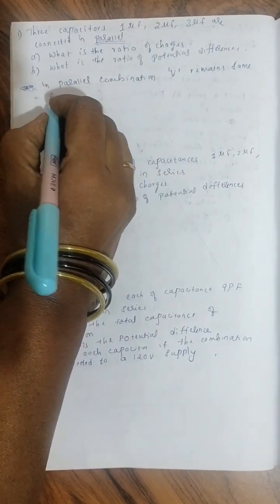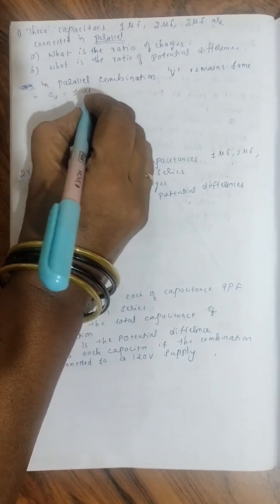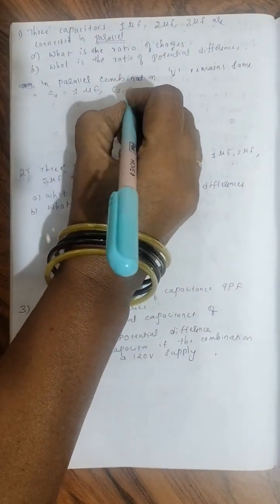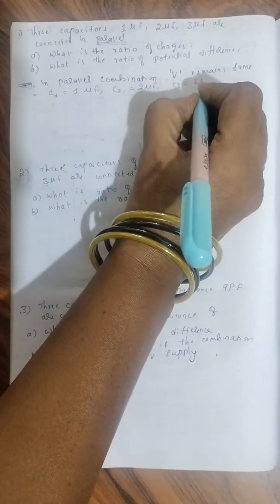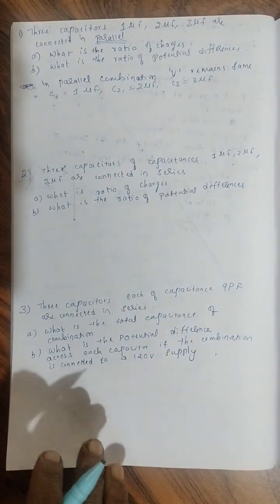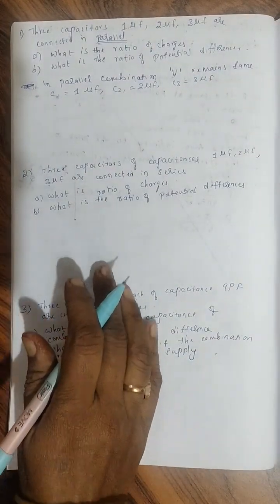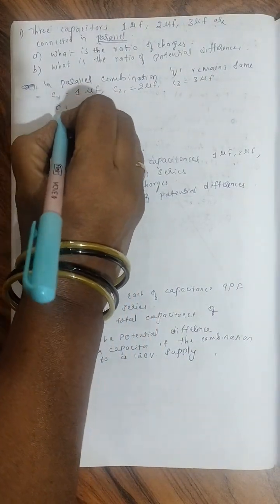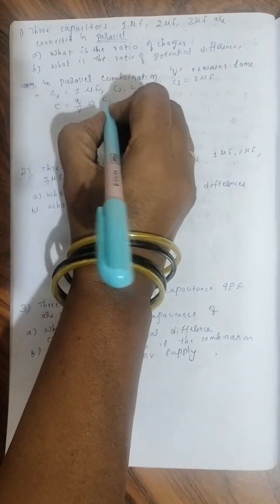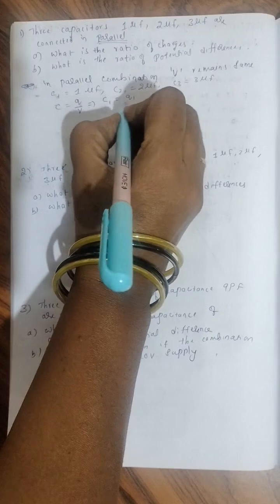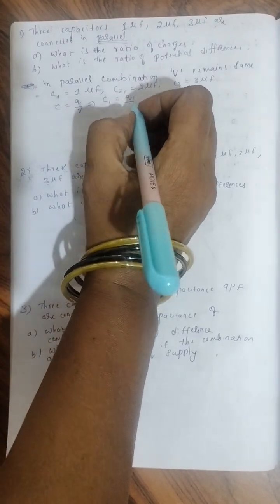Okay, capacitances are C1 1 microfarad, C2 2 microfarad, C3 3 microfarad. Ratio of charges. What is the formula for capacitance? C equals Q by V. So C1 equal to Q1 by V, since it is a parallel combination.